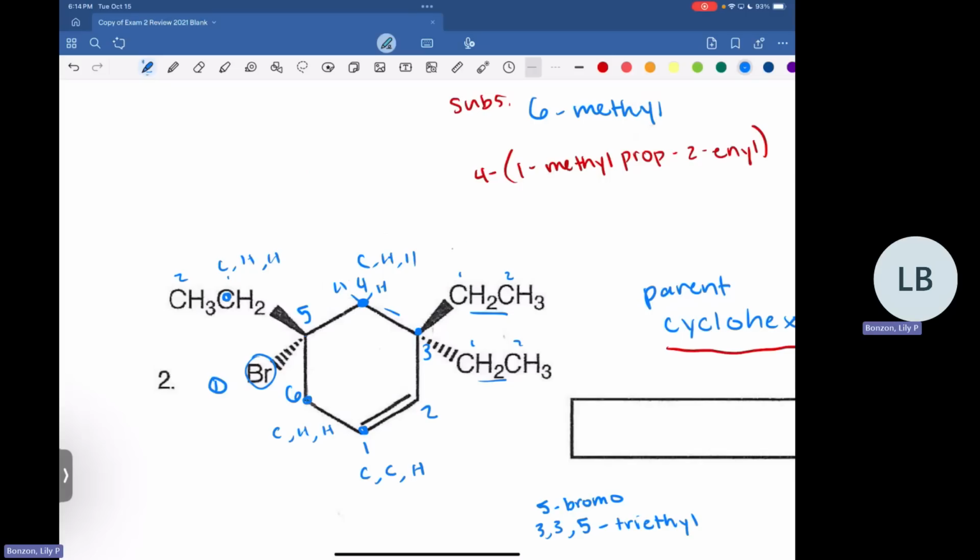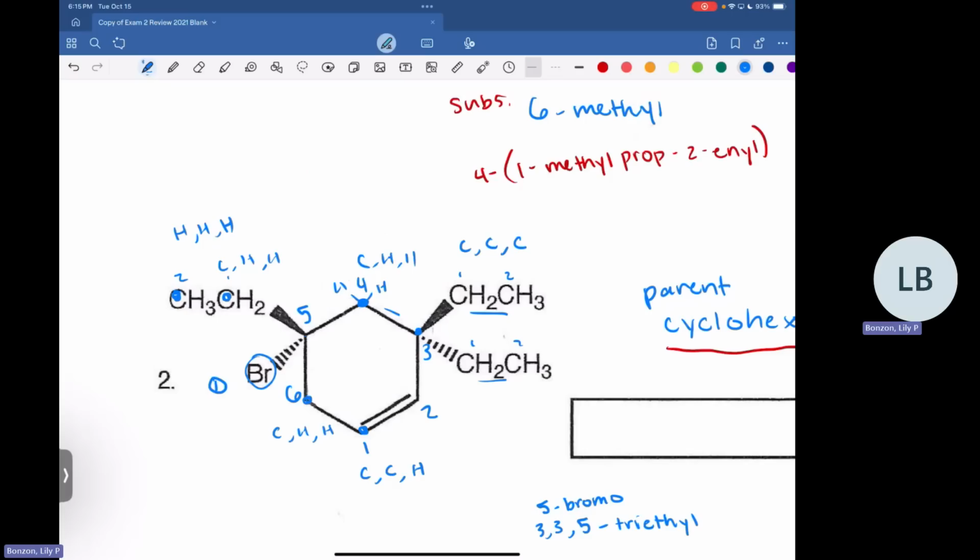Up here on the top right, we have a C, C, and C because it has 2 ethyl substituents. And then the 1 ethyl substituent on carbon 5, that one's just going to be HHH because it's the last carbon in the chain.